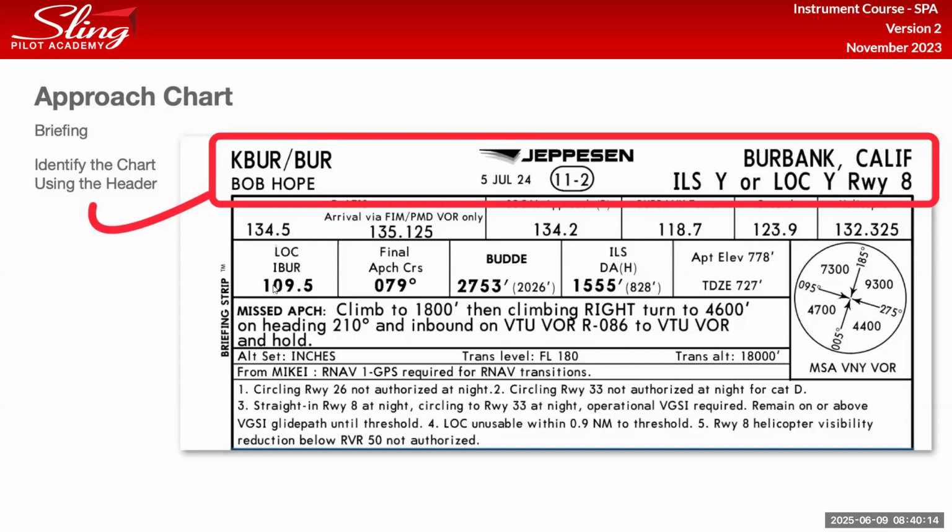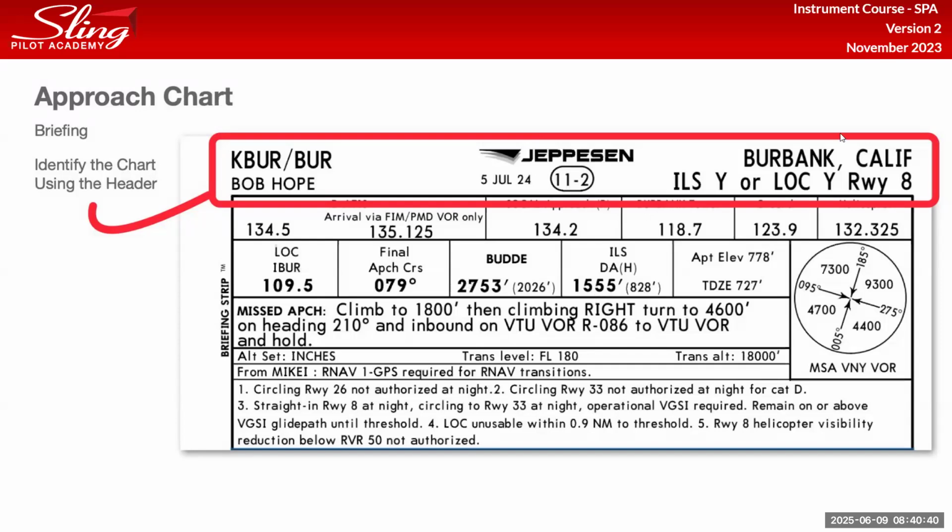The localizer frequency 109.5, verify it's in primary. Final approach course is set to 079, and we are on green needles. The final approach fix altitude is 2,753. That's a strange altitude, verify in your flight plan. There's BUD, 2,753 feet. Our ILS decision altitude minimums are set at 1,555.